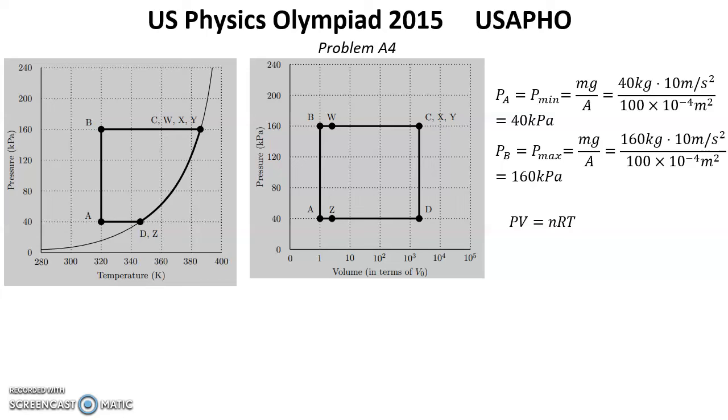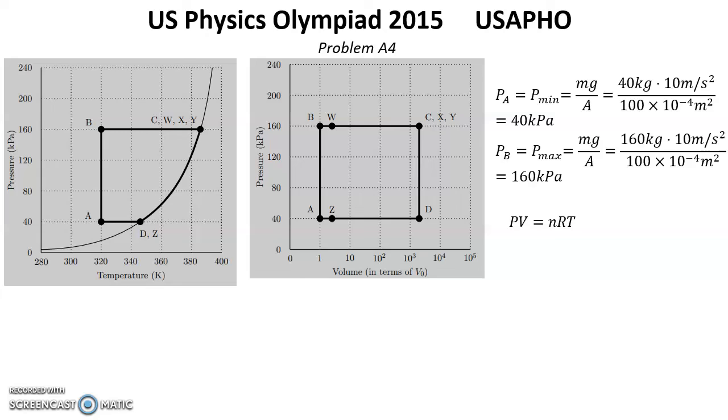Since Z is the point where all of the gas has changed to liquid, it must be on the coexistence curve, but on the PV diagram it is just to the right of point A. It is expected that the examinee will know that the volume of the gaseous state is on the order of 2000 times the volume of the liquid state.